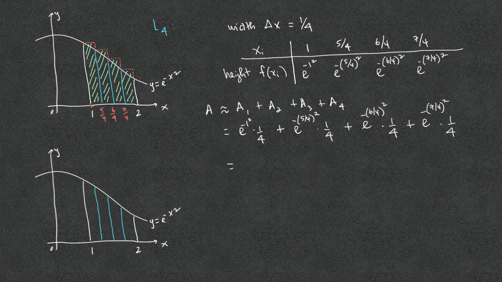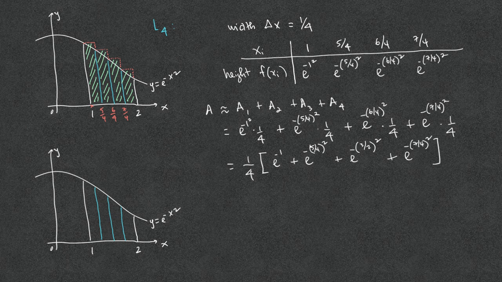Oftentimes, we factor out the delta x and we just simply add the heights: e to the negative 1 squared plus e to the negative 5 over 4 squared plus e to the negative 3 over 2 squared plus e to the negative 7 over 4 squared.